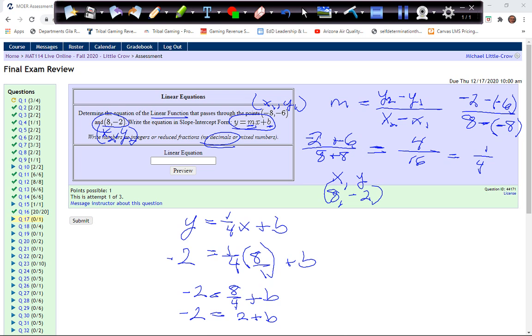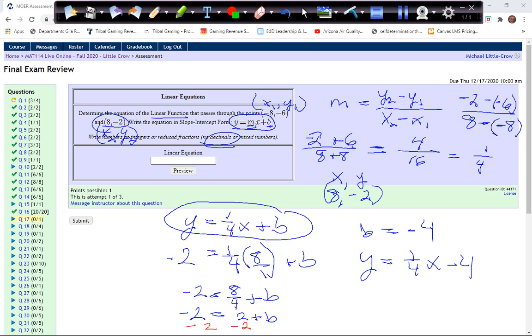Subtract 2 from both sides to solve for b, and we've found that b is equal to negative 4. So this gives us the equation, like what we had right here, except now we know what b is, so we just rewrite it: y equals 1/4 x minus 4. That's our linear equation.